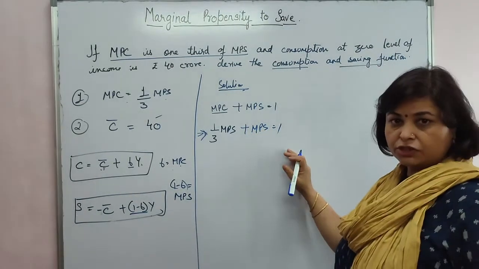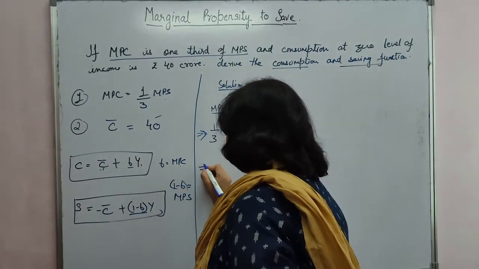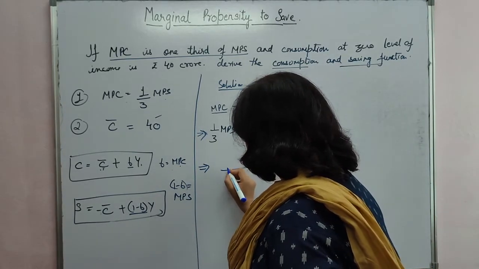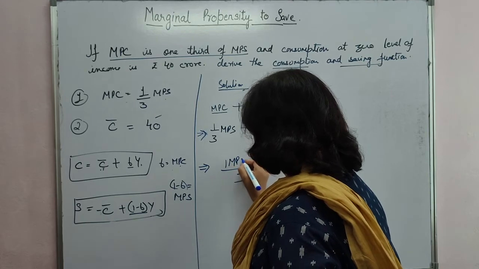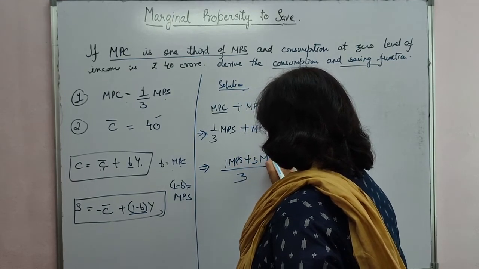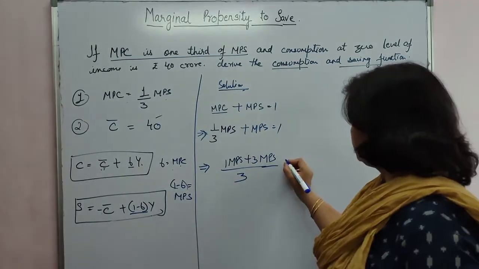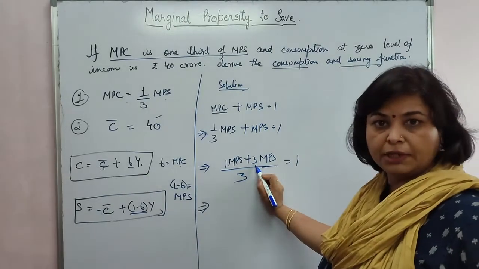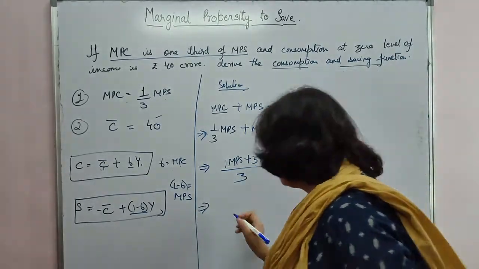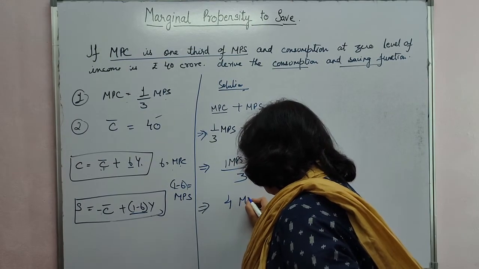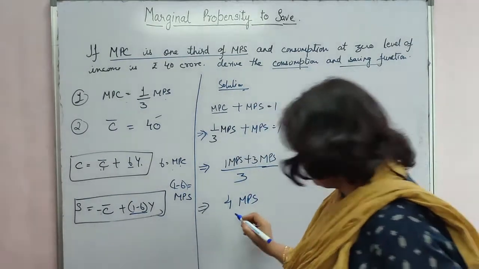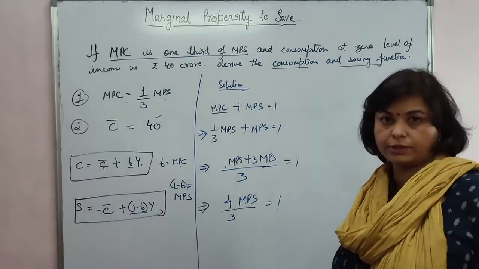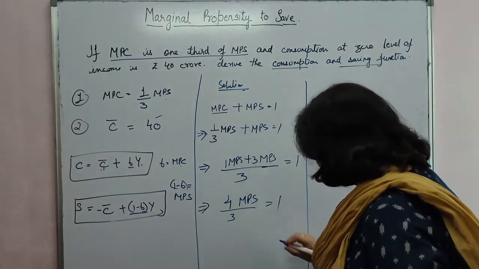Now we will solve this equation and take the LCM. So LCM will be 3. Now it will be 1 MPS plus 3 MPS is equal to 1. Next step, 1 MPS plus 3 MPS will be 4 MPS, and we write 3 as it is, divided by 3, is equal to 1.